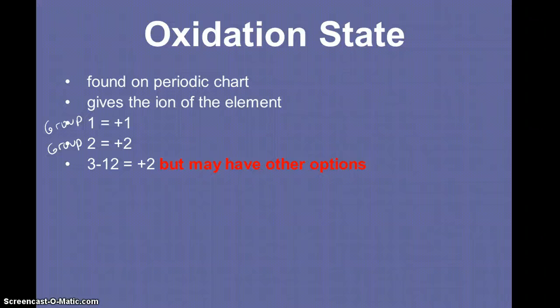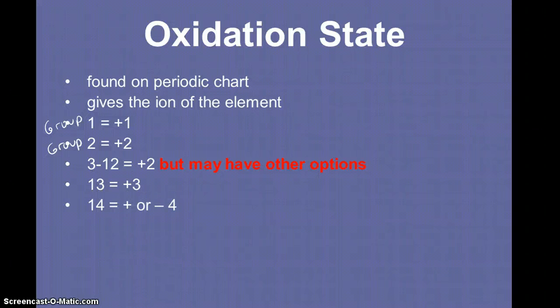We'll keep going here. Groups 3 through 12, I've told you this before, do tend to lose 2 electrons also, but they may have other options. We probably won't be going into many of those other options, so through the rest of this chapter, we'll know groups 3 through 12 as losing 2 electrons and having that +2 charge, okay? Group 13 tends to lose 3 electrons.